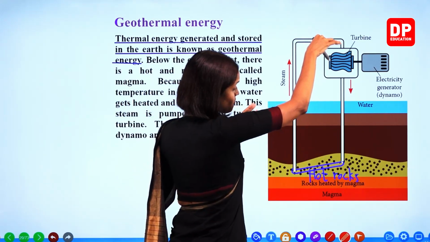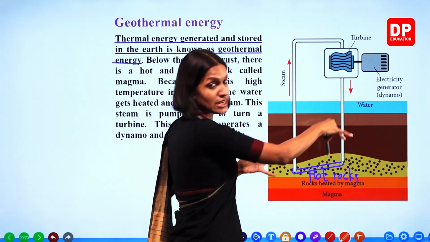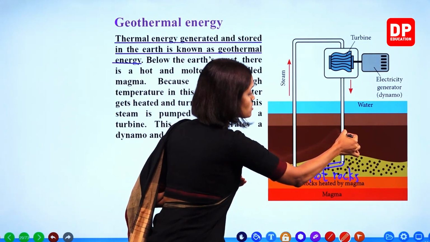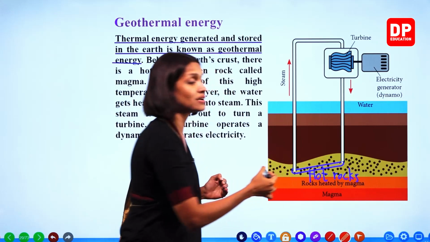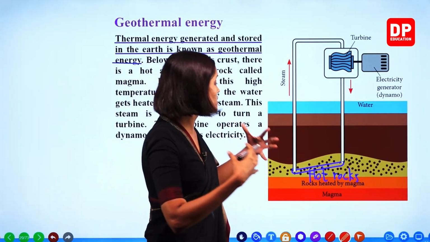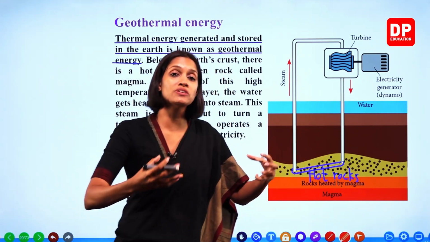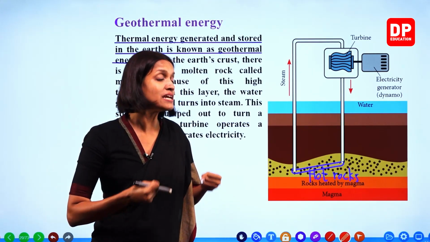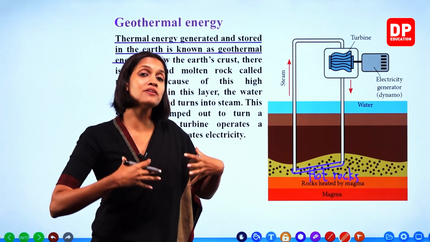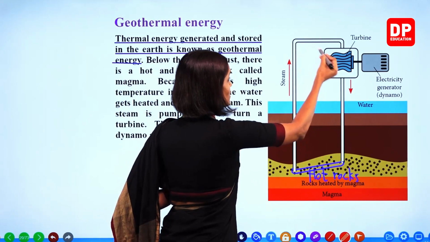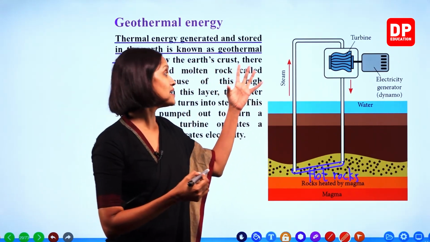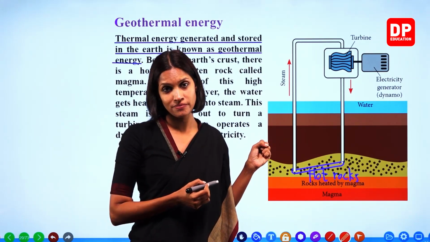So from one side you send water in. When this water passes through this tube inside the hot rock, because of the high temperature of the hot rock, the water absorbs this heat, gets heated up and boils. And from the other side, steam comes out. This steam is at high temperature and high pressure.